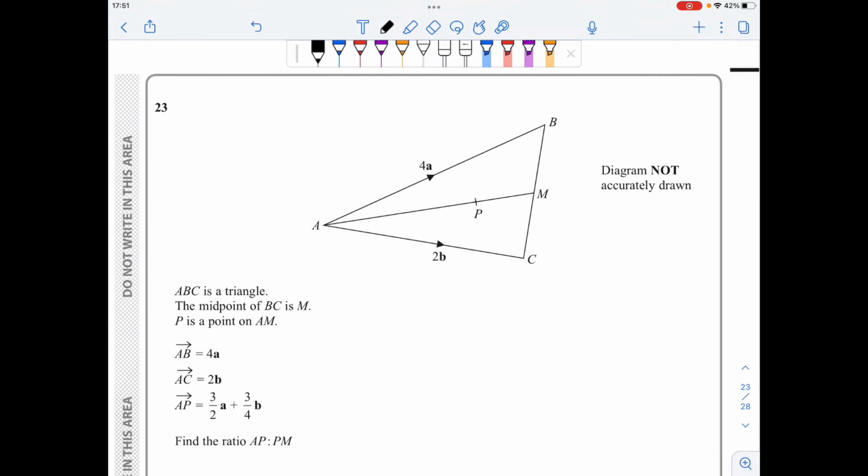For question 23, I am given AP, and I'll need to show that AP is a fraction of AM, and this will enable me to find the ratio AP to PM. So let's begin by finding some vectors that will be useful. BC is equal to BA plus AC, and this is minus 4a plus 2b. The vector BM is half of BC.